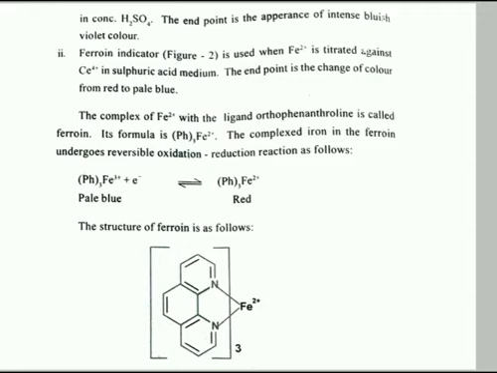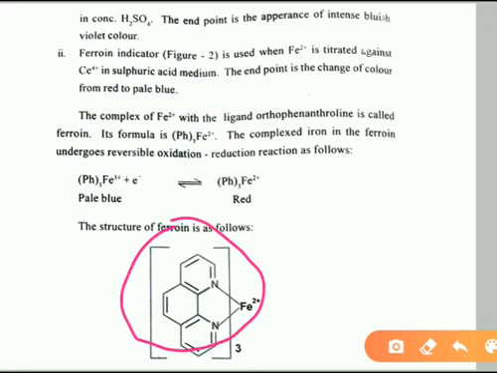If the complex is in the ferric form, it is pale blue, and if it comes into the ferrous form, it becomes red. The structure of ferroin is given here, showing the red form of the ferroin complex.